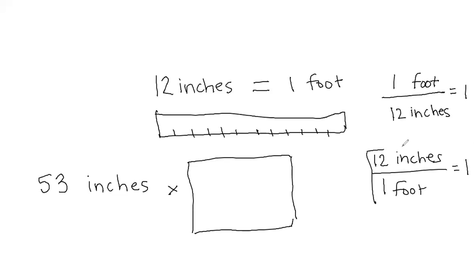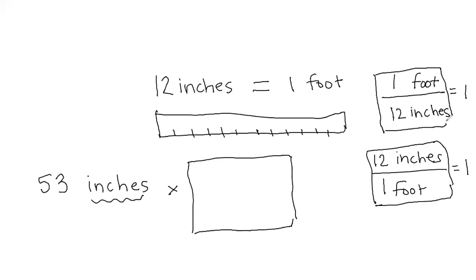A conversion factor has the unit that you already have, so inches, and the unit that you want, in this case feet, and it has an equal number of those two things in the fraction, right? So these are both conversion factors. Here, we want to convert to feet, so we are going to pick the conversion factor with feet on top.